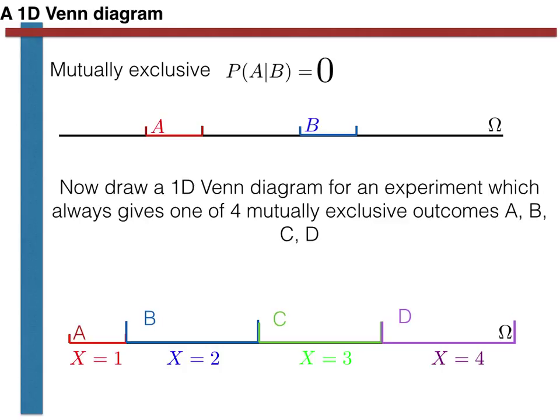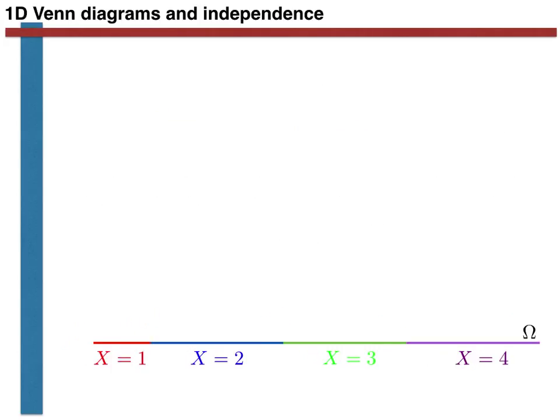Let's now turn to the question of how we can use the Venn diagram to represent what it means for events to be independent. We have a partition going along the horizontal line here, corresponding to a partition of the sample space by the random variable capital X. Let's now take a second random variable that partitions the sample space in a different way.